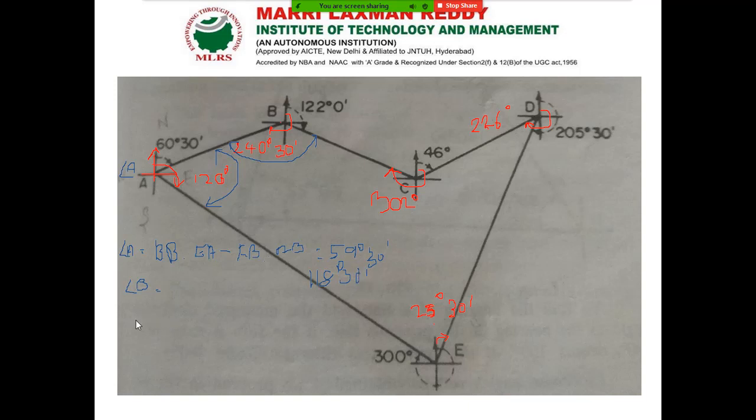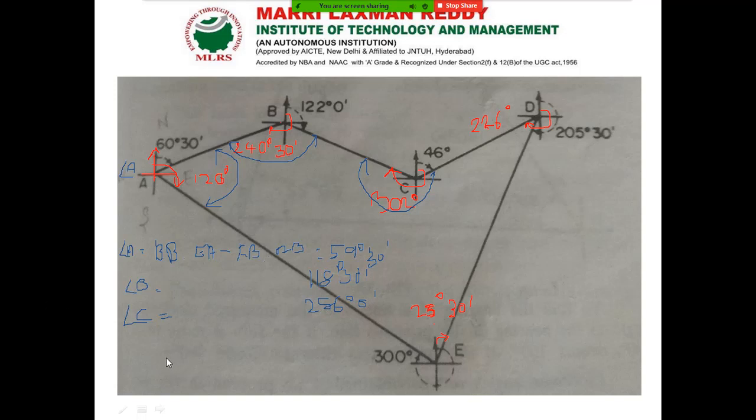So next, included angle at point C. So back bearing of line BC minus forebearing of line CD. So back bearing of line CB is nothing but 302 degree, and forebearing for the line CD is 46 degree. So that we are getting the value of 256 degrees 0 minutes.